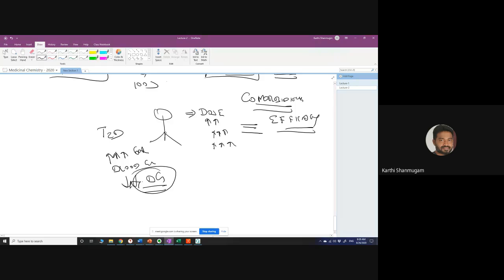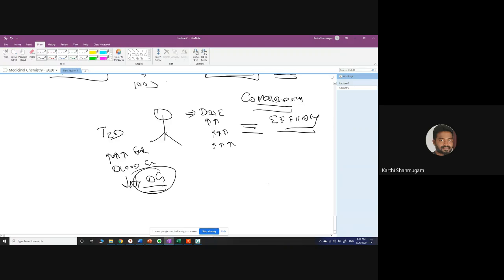So if your molecule has efficacy and no undesired effect is identified in this set of population, then you are very lucky that you can take this molecule further to phase 3 clinical trial. So I can say that most of the drug molecules fail in phase 2 clinical trial.